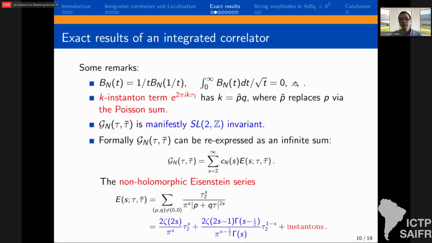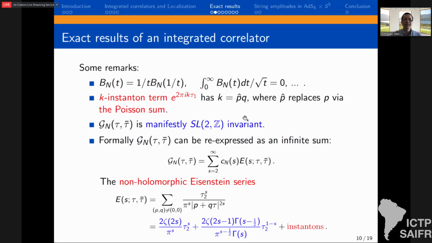I mention this property because it's important for doing a Poisson summation. Poisson summation is one way to read off explicitly the k-instanton contribution from the formula. The statement is that a k-instanton term can be obtained from the formula by doing a Poisson summation on p, and the instanton number k is basically p-hat times q, where p-hat is an integer replacing p when you do the Poisson sum over p.